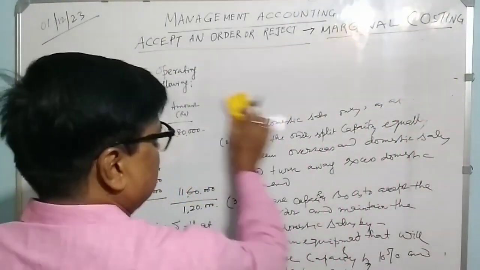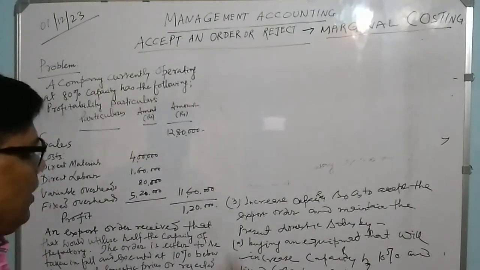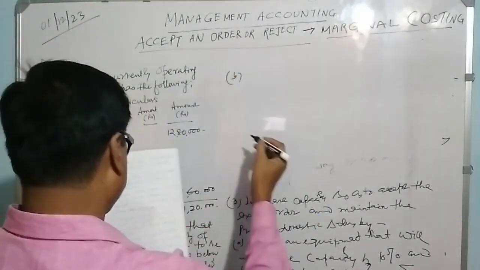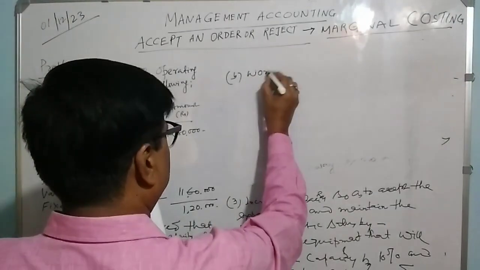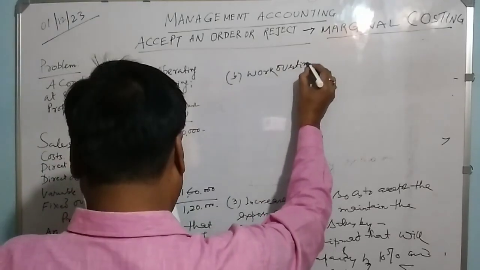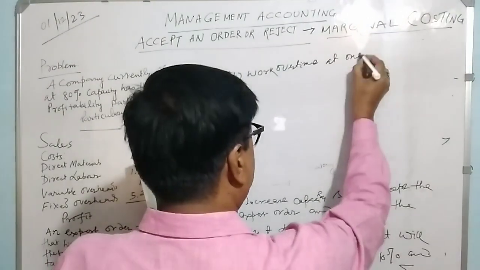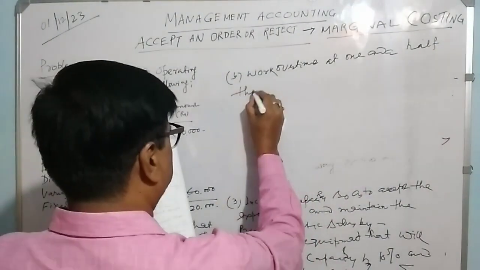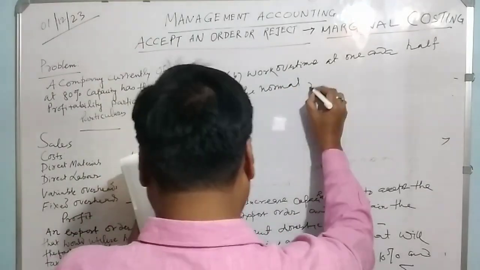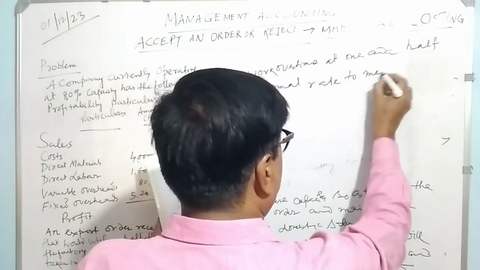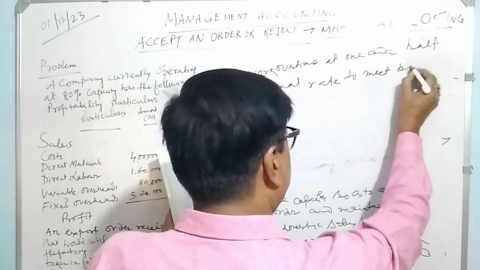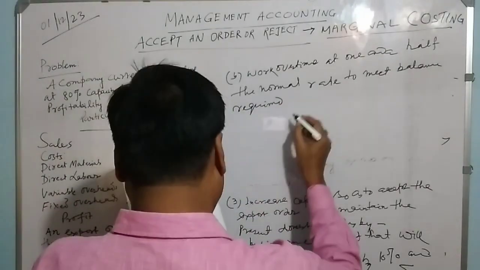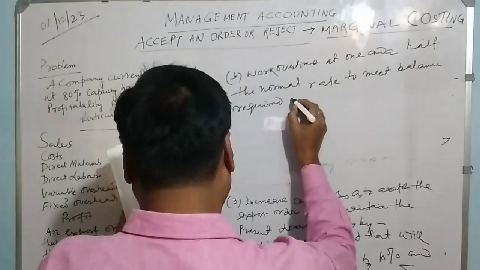And another option, B: work overtime at 1.5 times the normal rate to meet the balance required capacity.